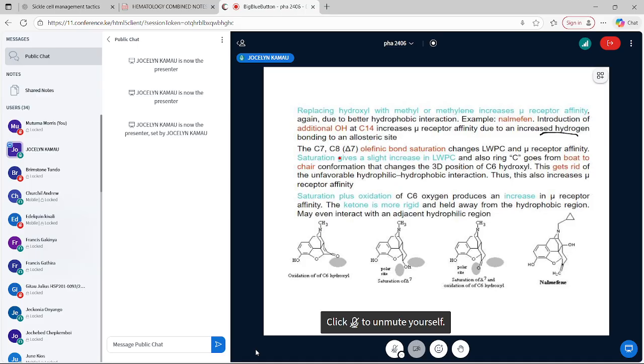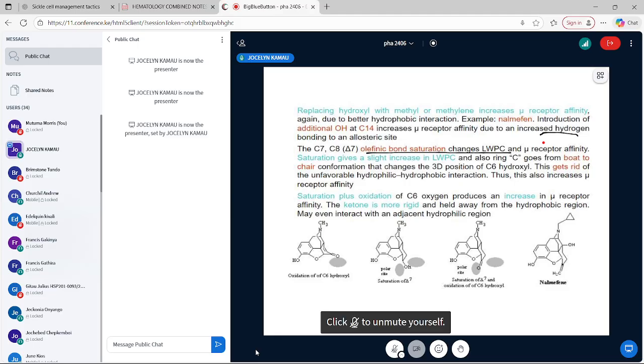The carbon 7, carbon 8, double bond or olefinic bond saturation changes the lipid water partition coefficient very slightly. And indeed, with this saturation increases the activity, analgesic activity slightly, and mu receptor affinity. So it increases both the mu receptor affinity, and also it increases the lipid water partition coefficient or lipophilicity.